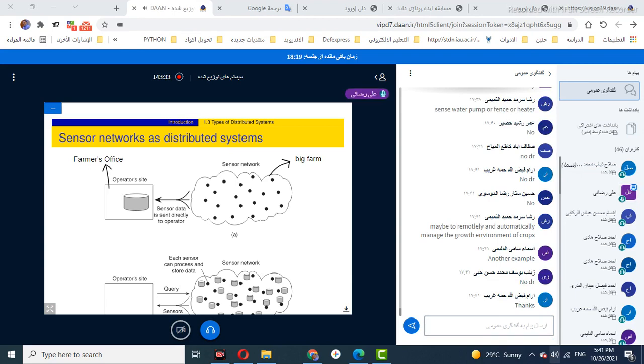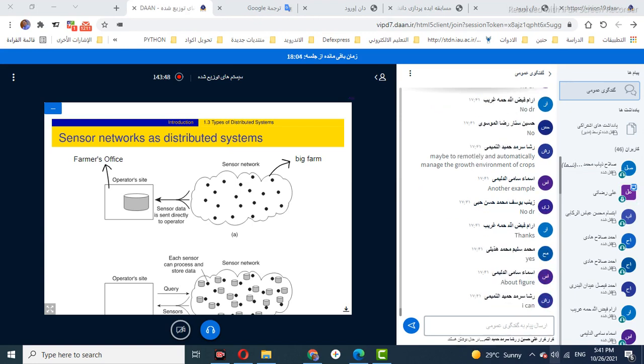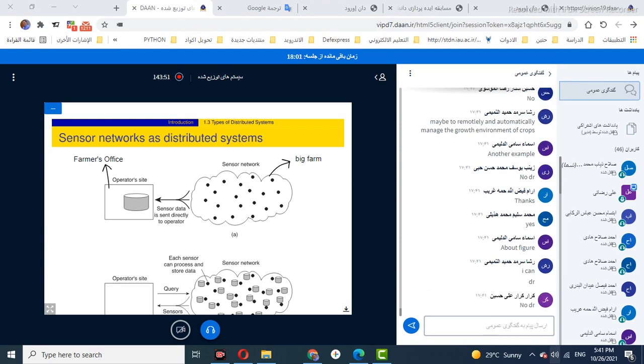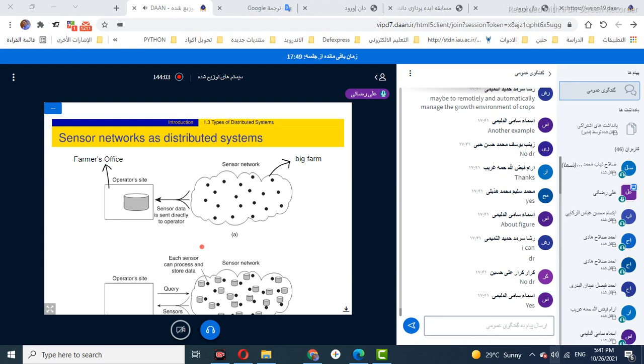Yes, Masami, what is your question? You say you need another example for sensor networks? Dear Asma, you write a sentence, then I can understand you. Do you need another example about sensors, or you want me to explain this figure with more details?